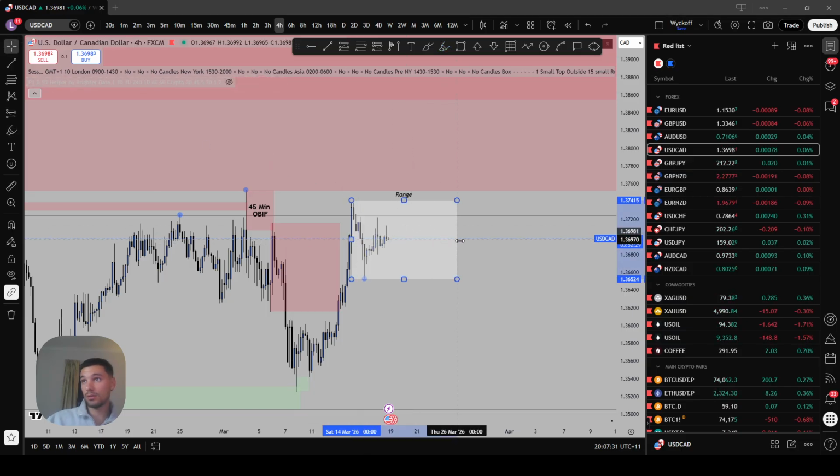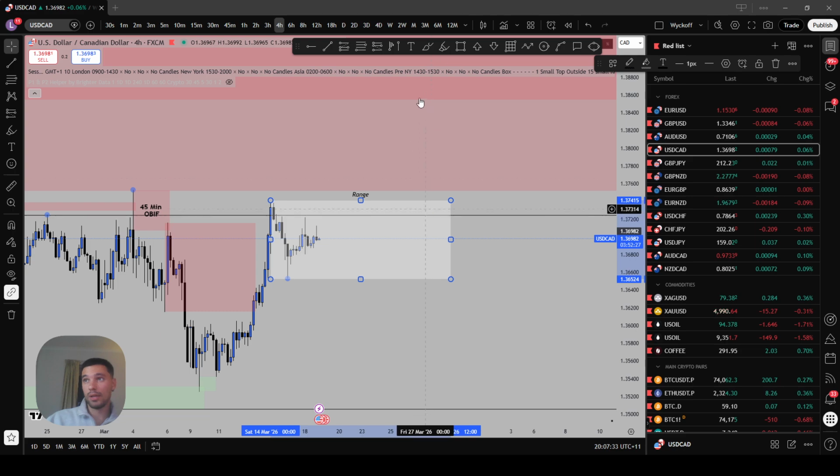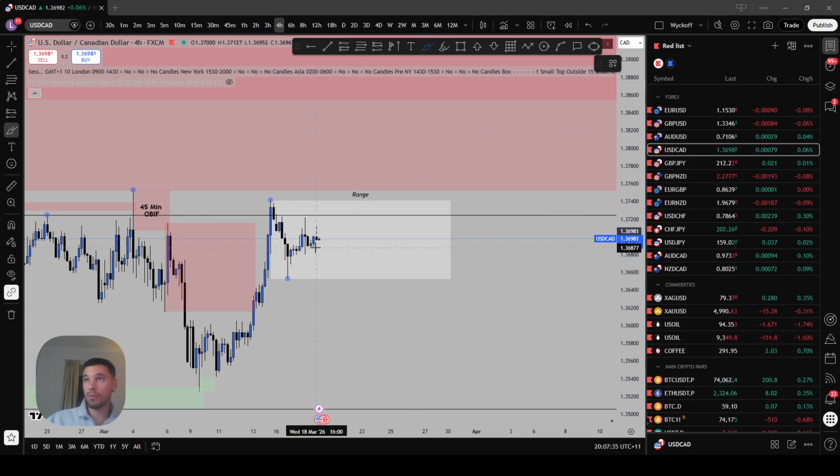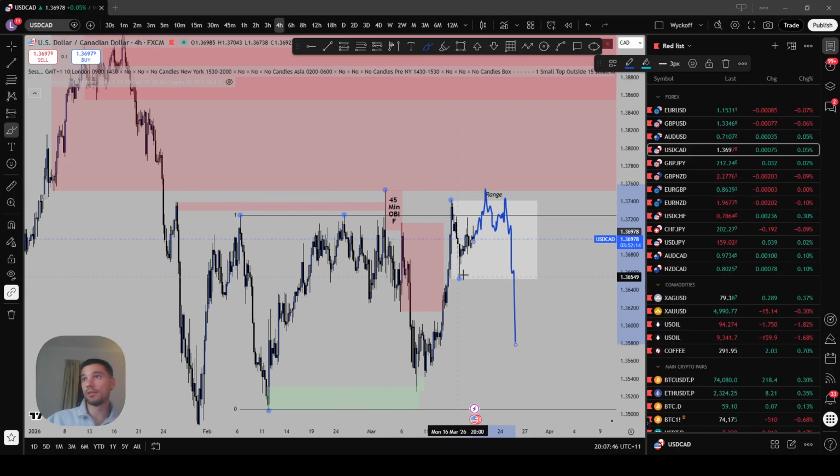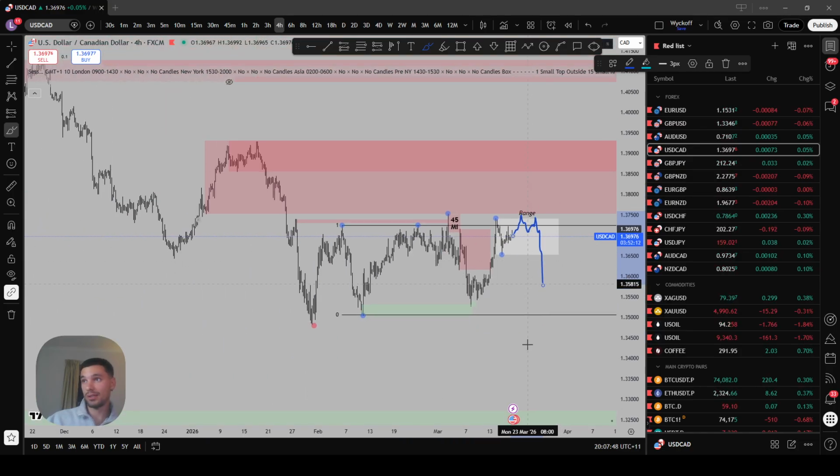Ideally, I would love to see something like this. Mitigate that, come back near EQ, sweep all extremes and flush down. And even complete this range and go all the way to the range low. That would be nice.